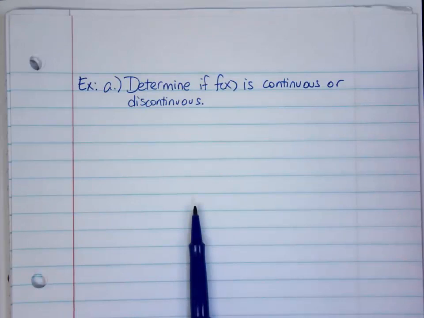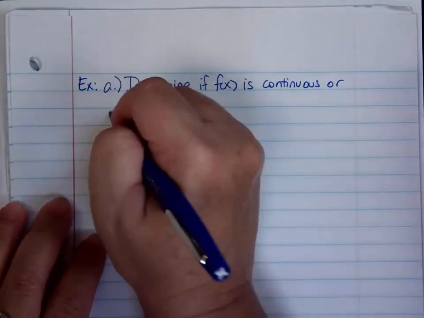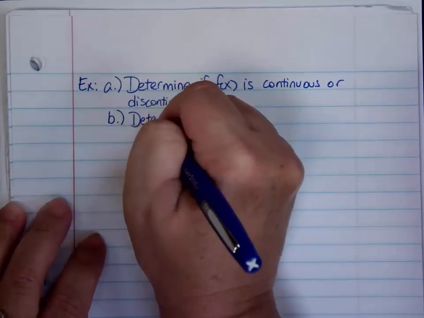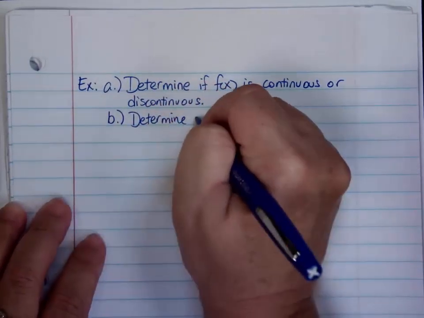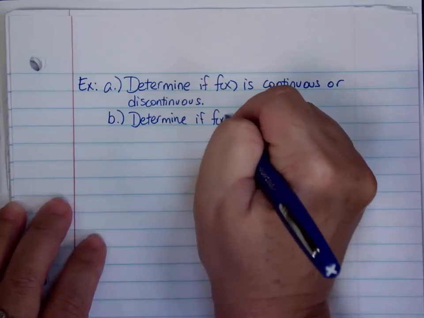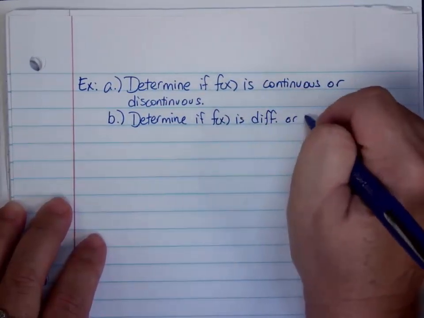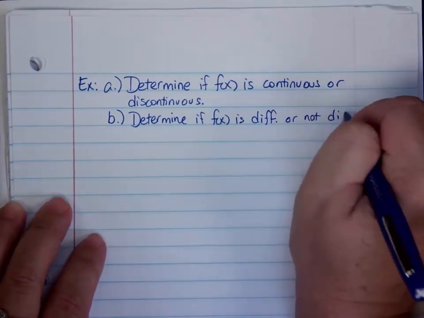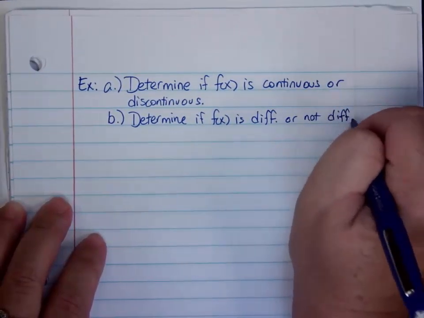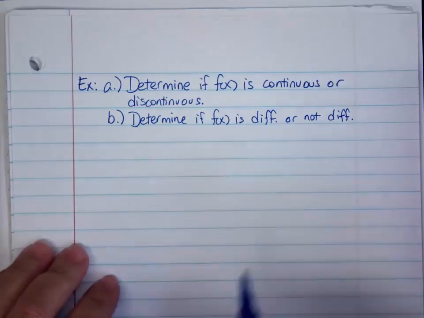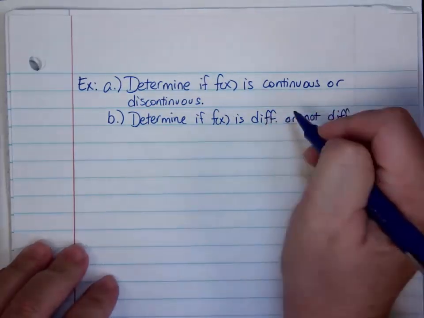That's the first thing you're going to do. And then the second thing you're going to do is determine if f of x is differentiable or not differentiable. So is the function continuous or not? Is it differentiable or not?